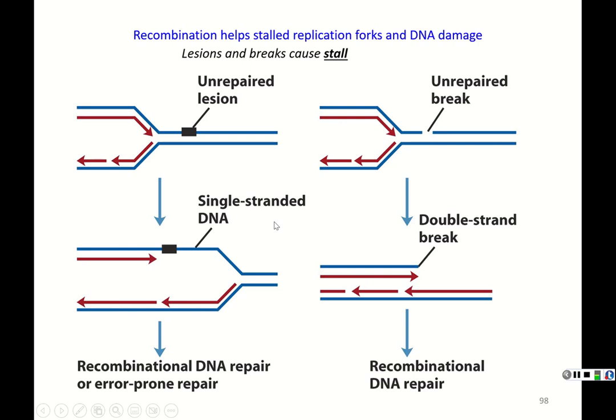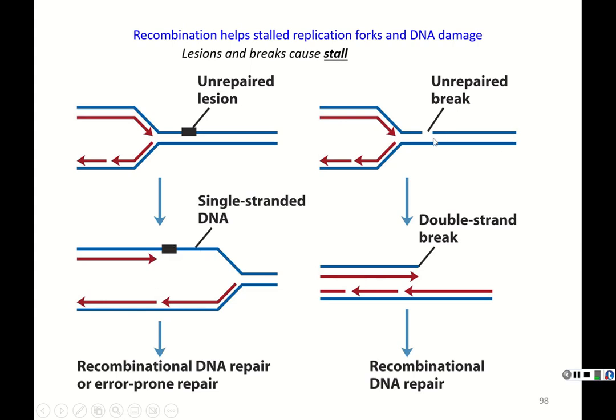Right, so how does recombination help in repairing DNA? Well, if you have a very big lesion in your DNA, what can occur when you're trying to replicate that, once you get to that lesion, your polymerase can stall, okay? And it stalls, and then you have to go through the more error-prone sort of repair mechanism for that.